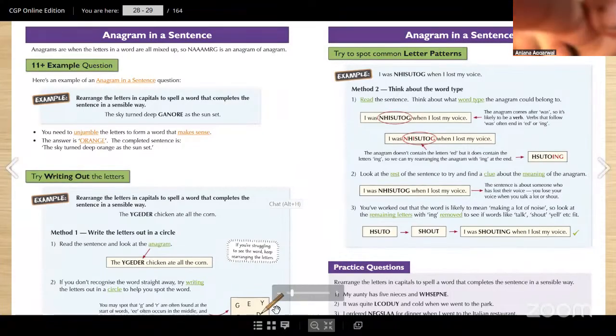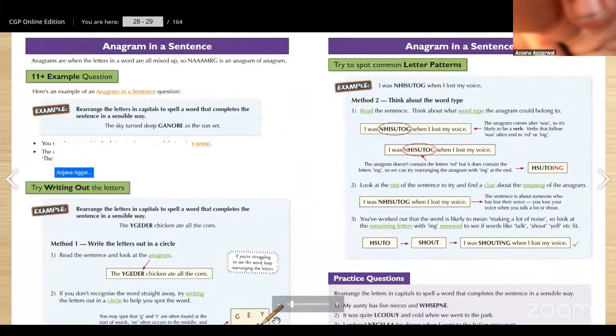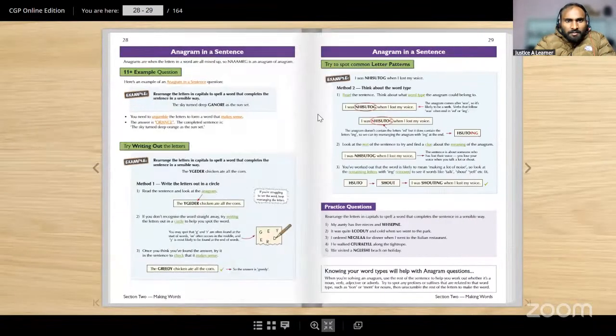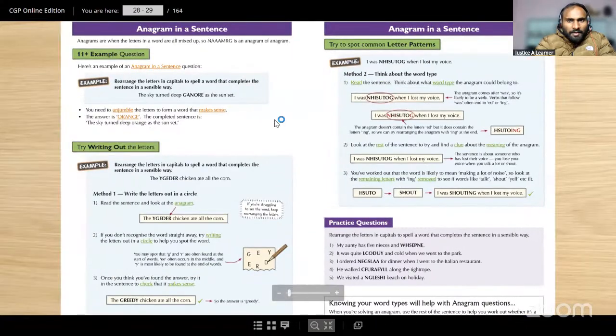So I will rub the bottom bit out. Wait, is there anything else in this word pair? Okay, yeah. Okay, go ahead.